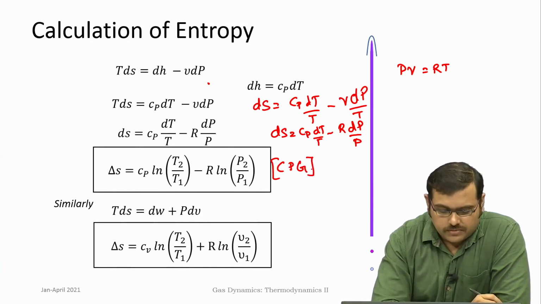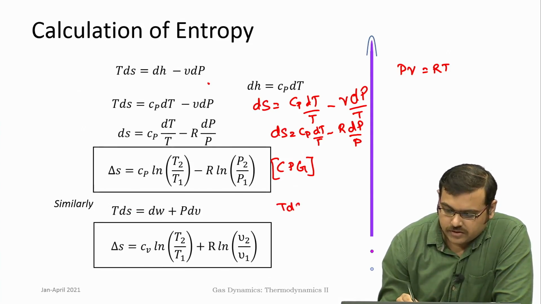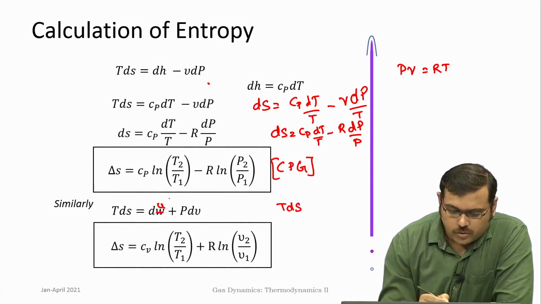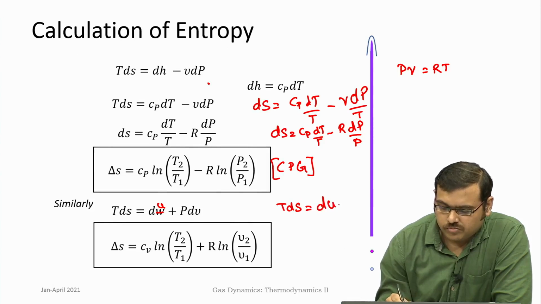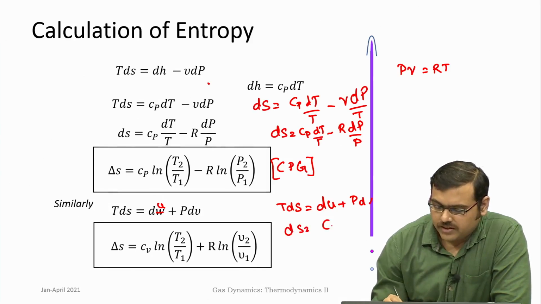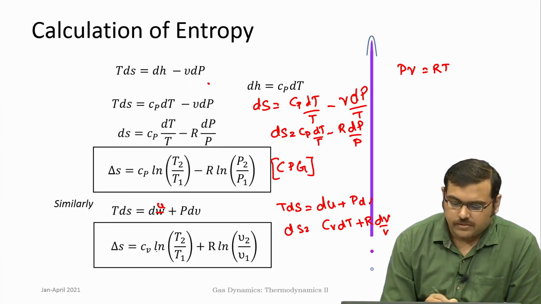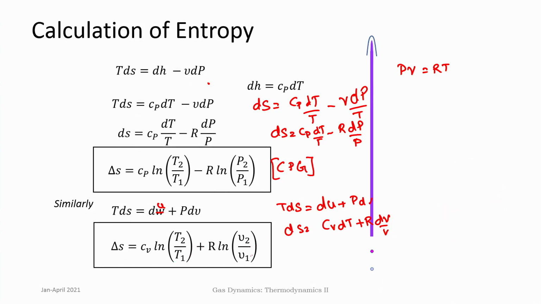Similarly, if you consider the equation TdS equal to dU plus PdV, then you can again do the same algebraic manipulations to get dS equal to Cv dT by T plus R dV by V, and you can write the change in entropy in terms of temperature and specific volume.